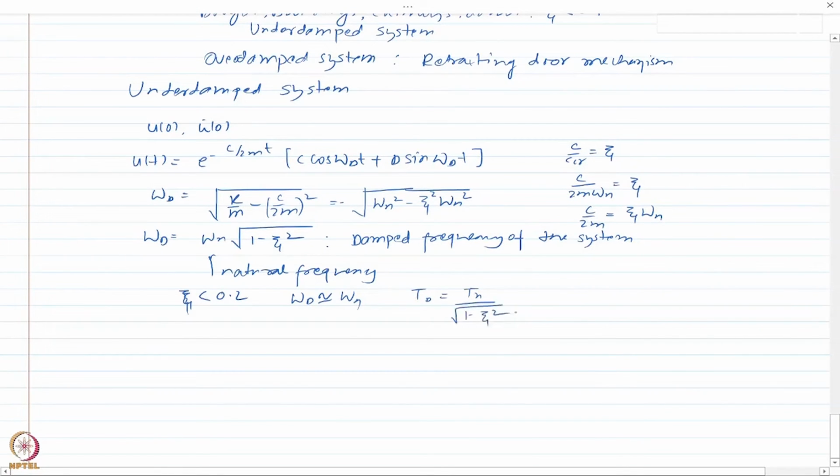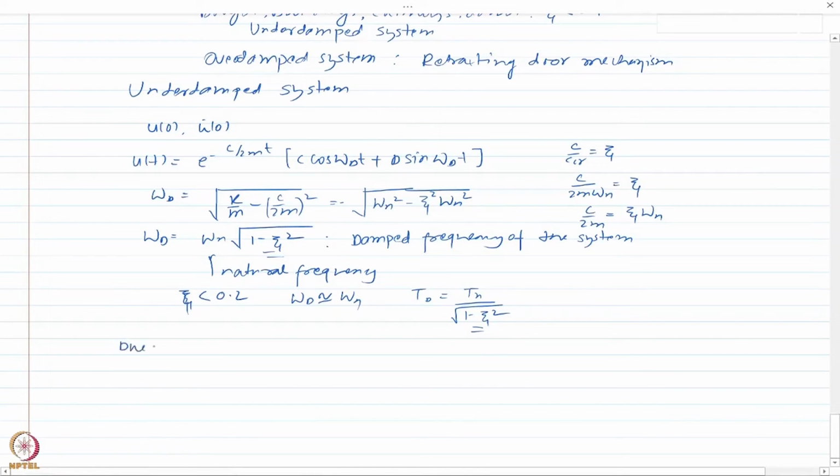If you look at these expressions, for any non-zero value of damping, the frequency is actually decreased, but the time period is actually increased.